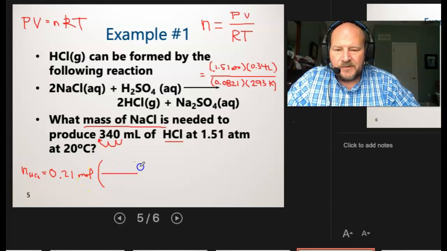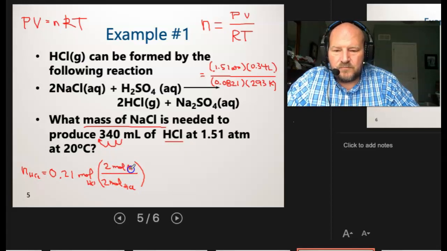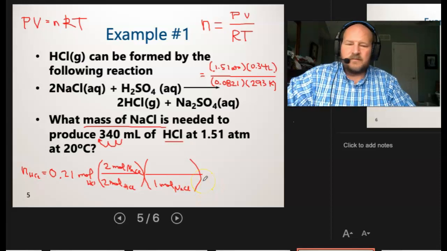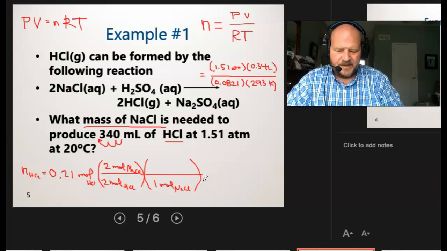So we're going to use our balanced chemical equation. This is moles of HCl. We want to know sodium chloride. So according to this, it's going to be 2 moles of HCl on the bottom, 2 moles of NaCl on top, and then last but not least, they want to know how many grams. For every 1 mole of NaCl, it's going to be, I believe, like 59, but we'll get the calculator out and do it.